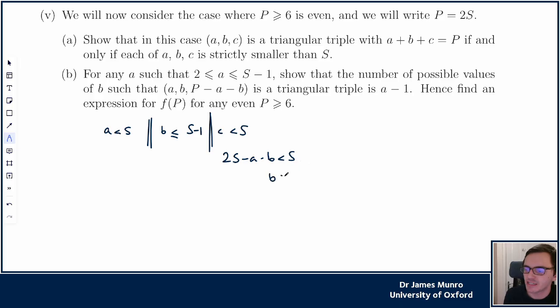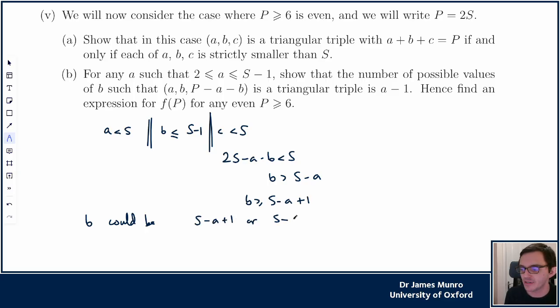If I rearrange this, B has to be larger than S minus A, which I suppose I can write as B bigger than or equal to S minus A plus 1. Okay, so there are some possible values of B. B could be S minus A plus 1, or S minus A plus 2, or all the way up to S minus 1. Now the challenge is I need to count how many of these there are.